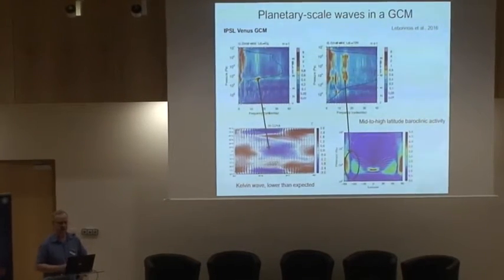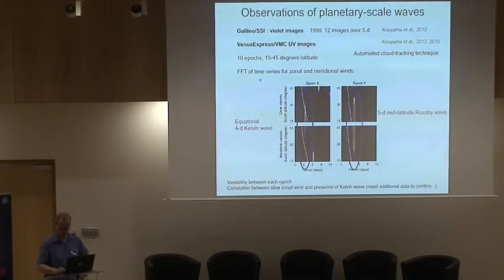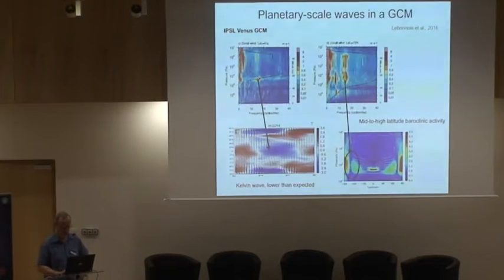So, from a GCM, the dynamical core of the GCM generates waves naturally. That's what we do. Waves exist. They are generated. And you can see here the diagram with the frequency and the pressure, that is the altitude. You may see that the GCM exhibits Kelvin waves here at just below 60 kilometers altitude.